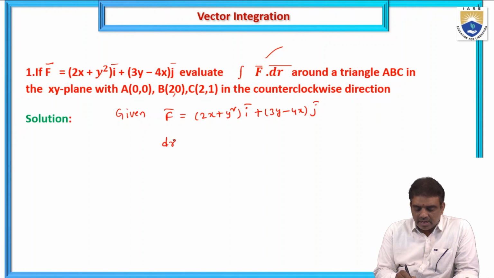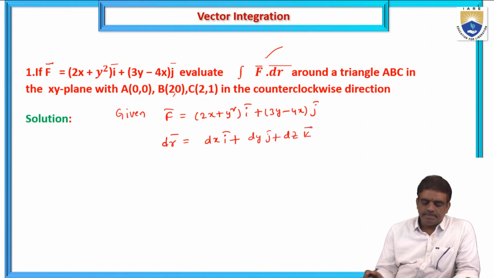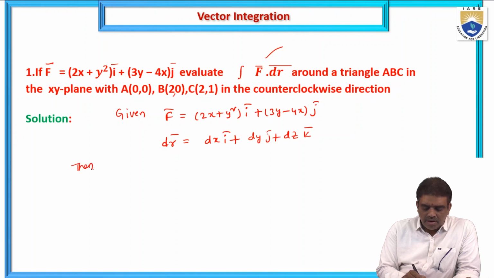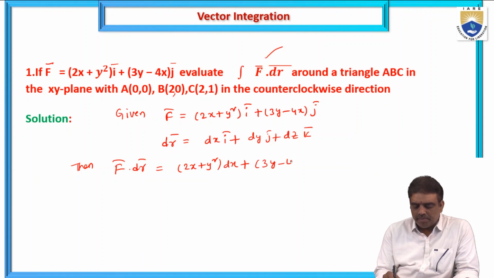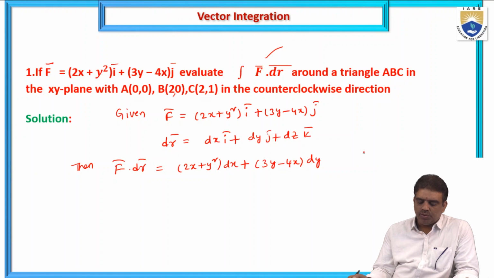What is dr bar? dr bar is nothing but dx i bar plus dy j bar plus dz k bar. Then f bar dot dr bar is equal to (2x plus y square) dx plus (3y minus 4x) dy, and the z term is clearly 0.